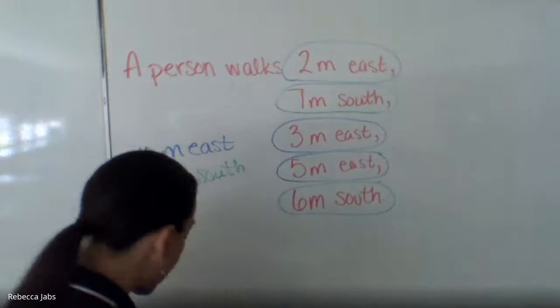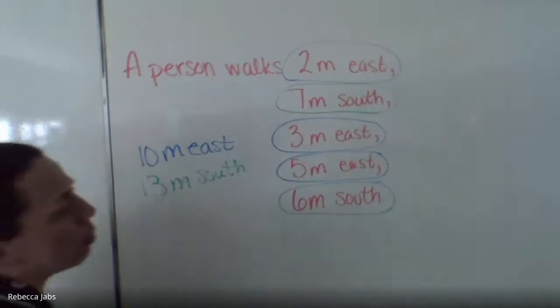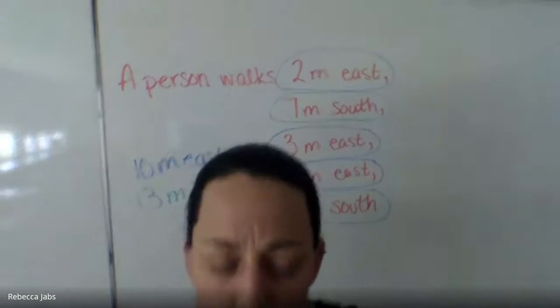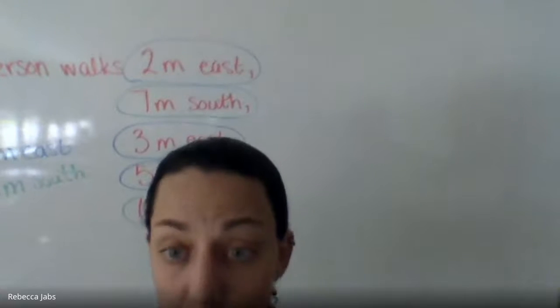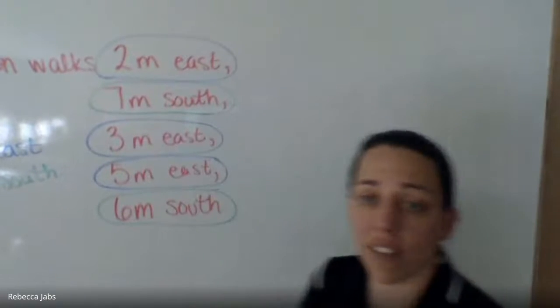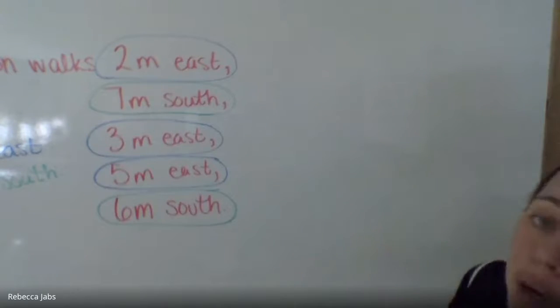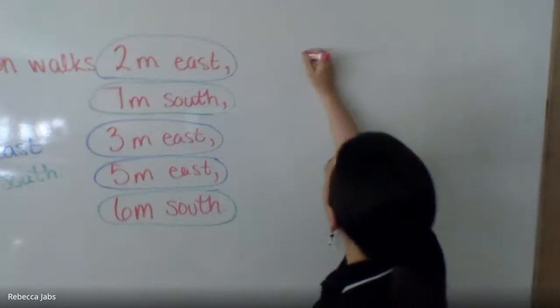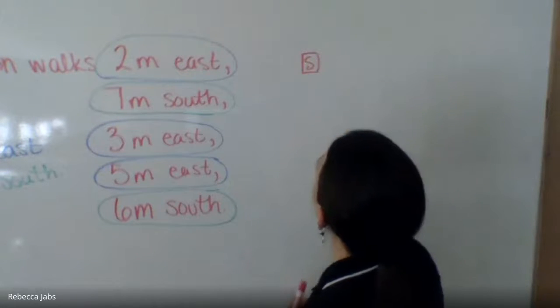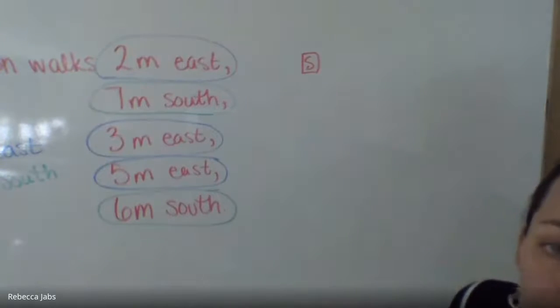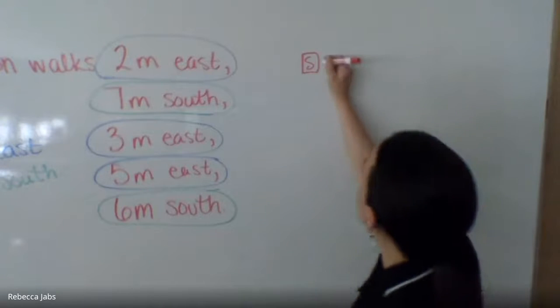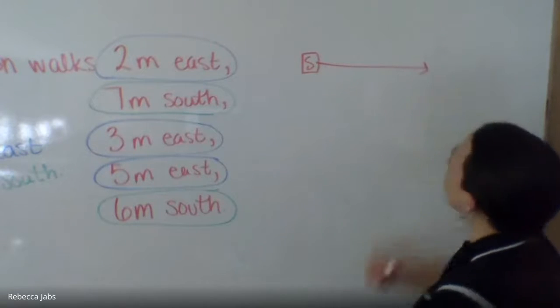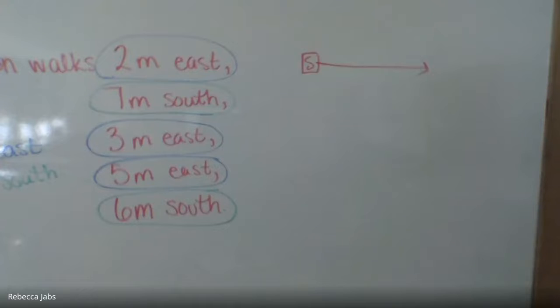All right, guys, please remember I said it's very important when we're doing this. I'm going to move my stool over just a little bit so we see a little bit more of this side of the board. It's very important to know where you start. So I'm going to put a big fat box here with an S. The first number we figured out was 10 meters east. That arrow is already telling me that direction is east.